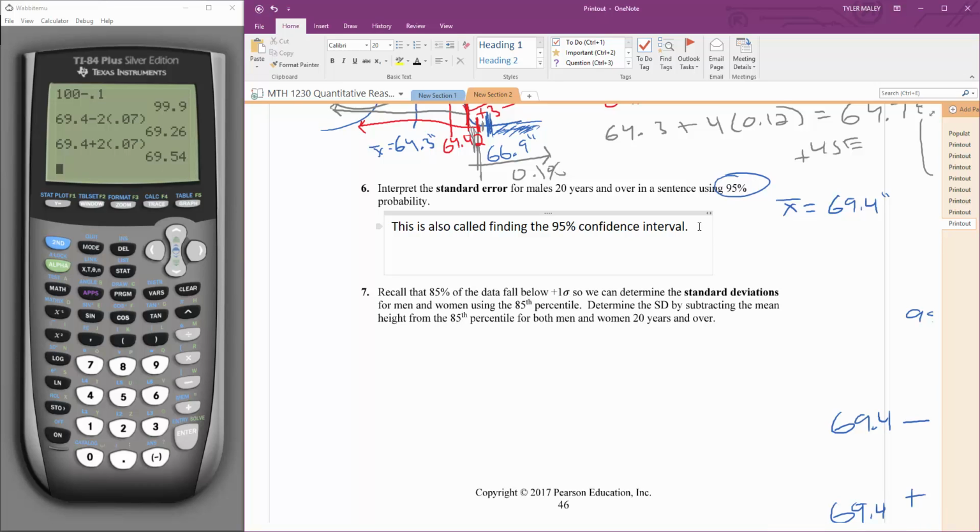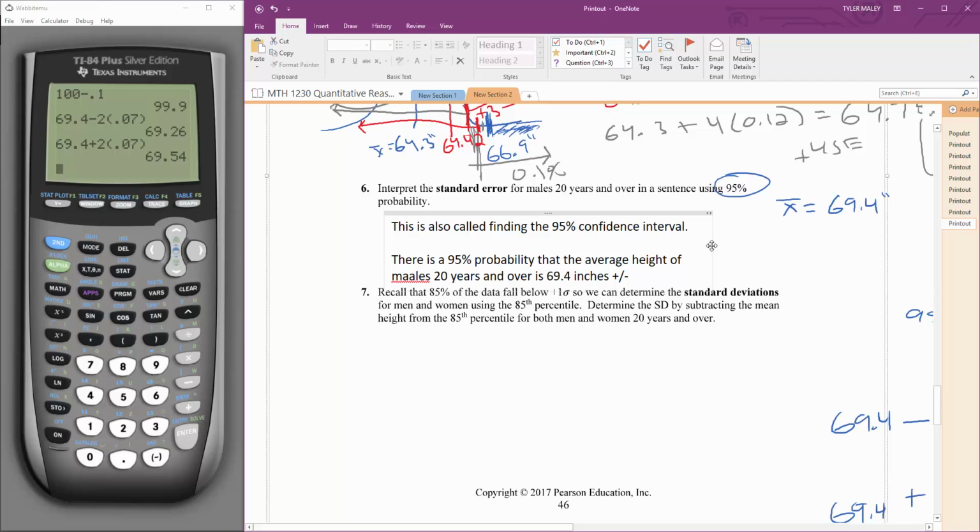So what we could say is there is a 95% probability that the average height of males 20 years and over is 69.4 inches plus minus. Let me make this box bigger.